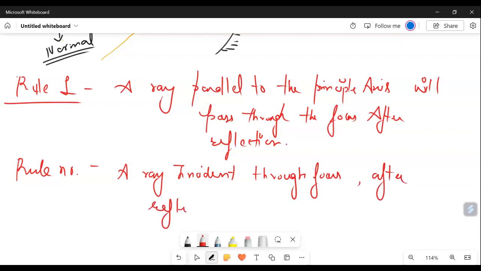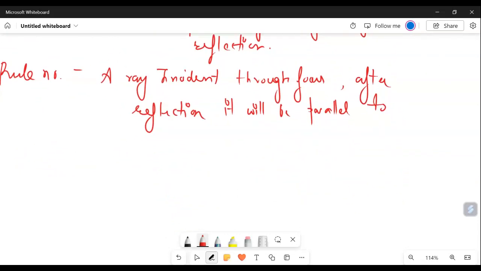After reflection, it will be parallel to the principal axis.